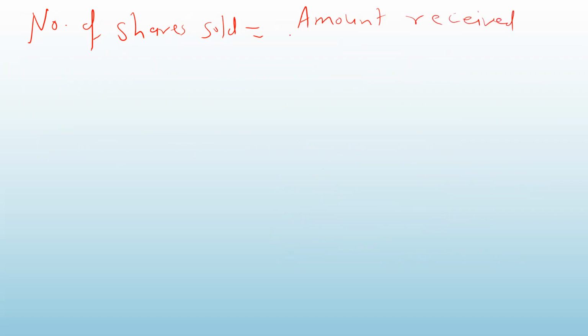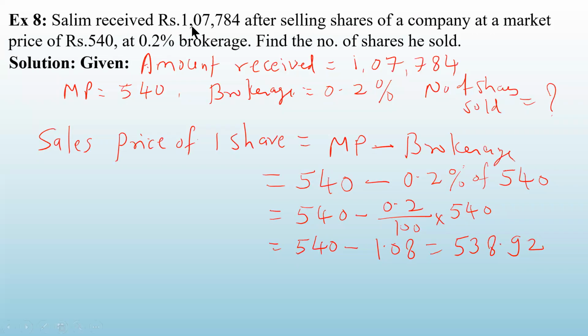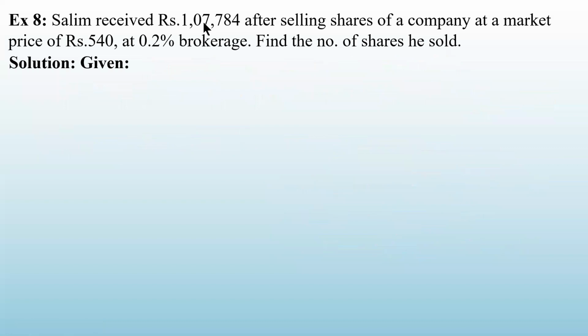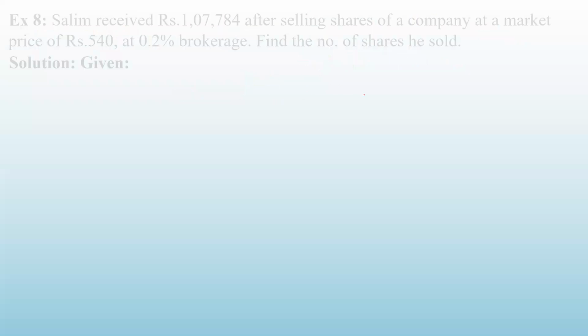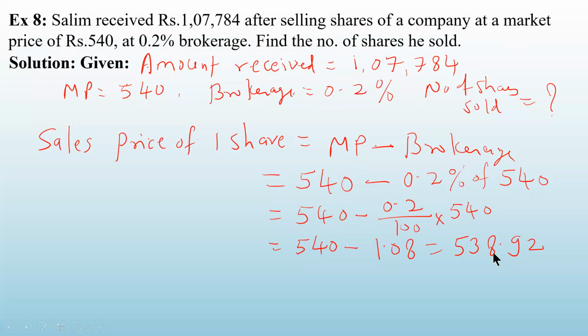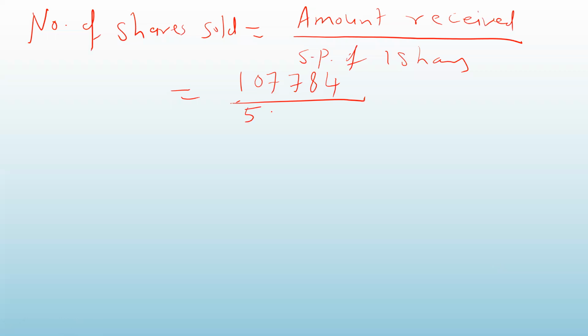Since you are selling the shares, you will receive an amount, divided by the selling price of one share. I'm writing in short, selling price of one share. Now, what is the amount received? That is given to you, 1,07,784. And what is the selling price? 538.92. Divide this. How much are you getting?